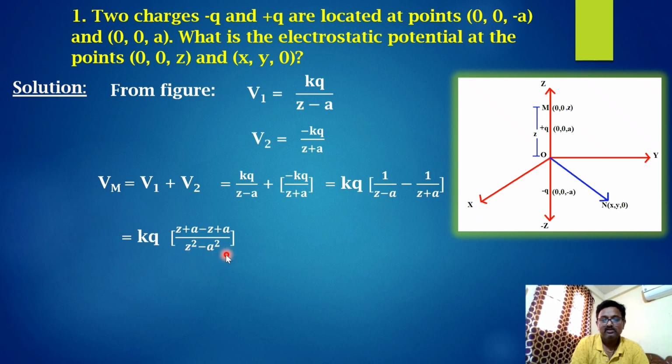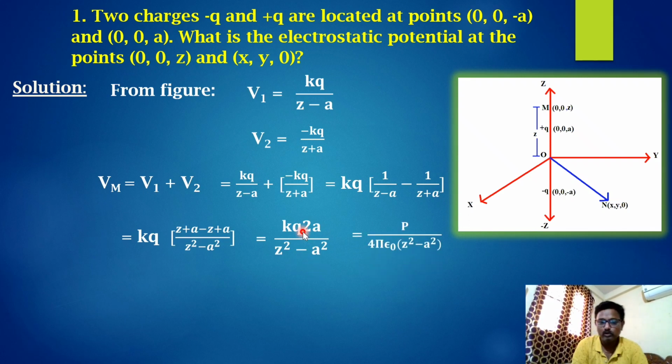In the numerator we will get Z plus A minus Z plus A. Why? Because minus into minus gives plus A. So plus Z minus Z cancelled, plus A plus A gives 2A. So we got K into Q into 2A by Z square minus A square.